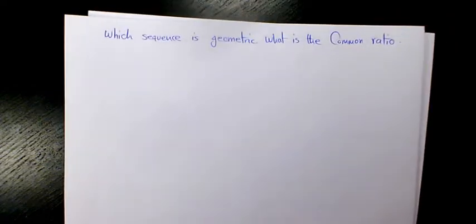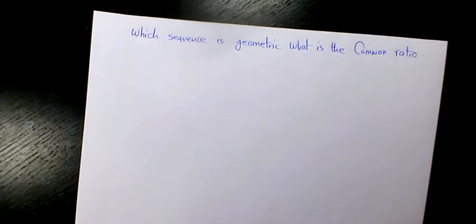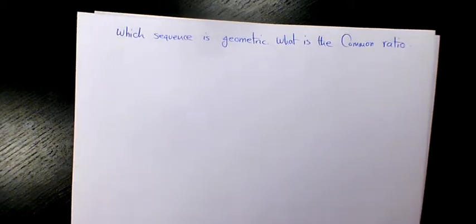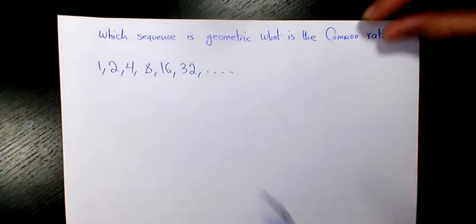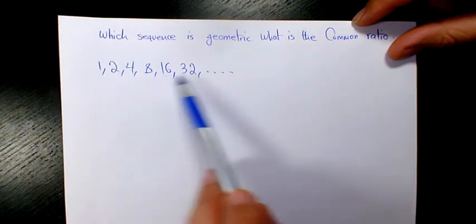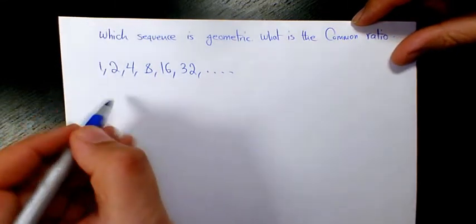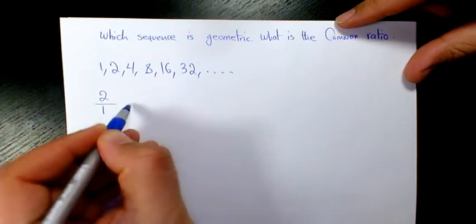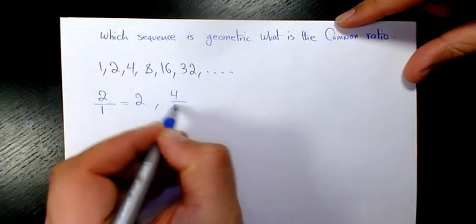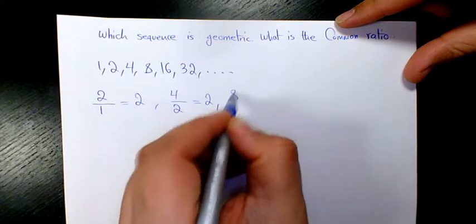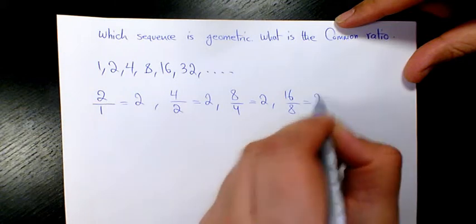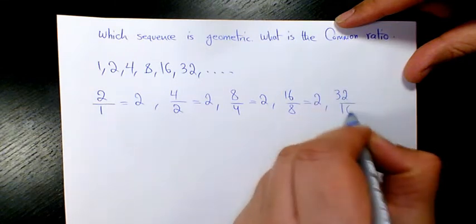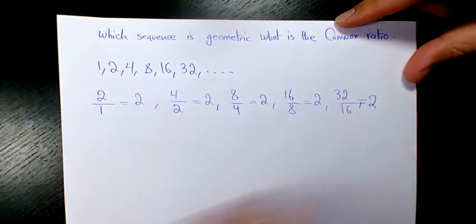Here it asks you which sequence is geometric, and if we have a geometric sequence, what is the common ratio? For example, we have 1, 2, 4, 8, 16, 32. As you see, if you divide the second term by the first term, 2 divided by 1 is 2, 4 divided by 2 is 2, 8 divided by 4 is 2, 16 divided by 8 is 2, 32 divided by 16 is also 2.